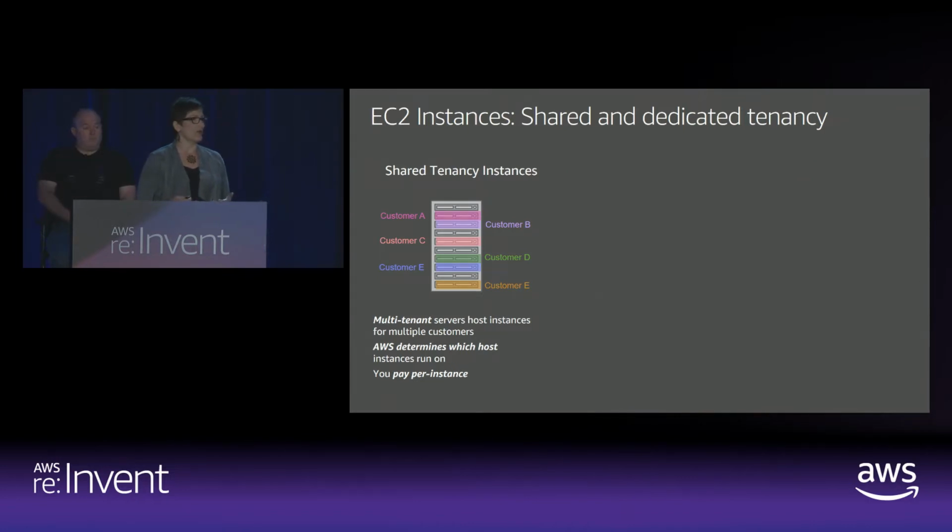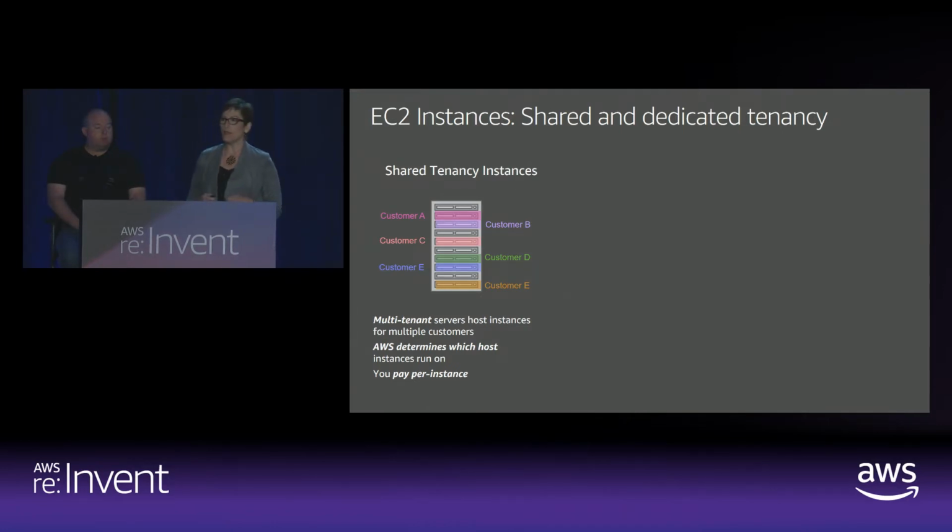Shared tenancy is also known as a multi-tenant server, or in AWS lingo, we call it default tenancy. This server can host instances from multiple different customers, and AWS controls the placement. When you buy license-included instances from AWS, you're always on shared tenancy.